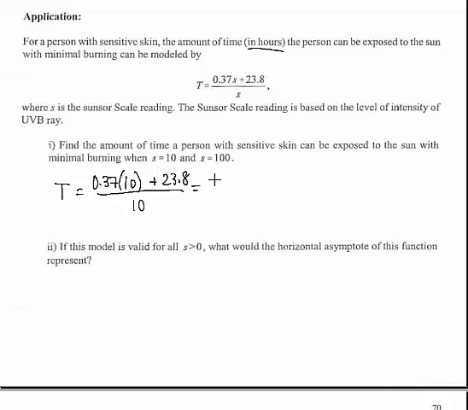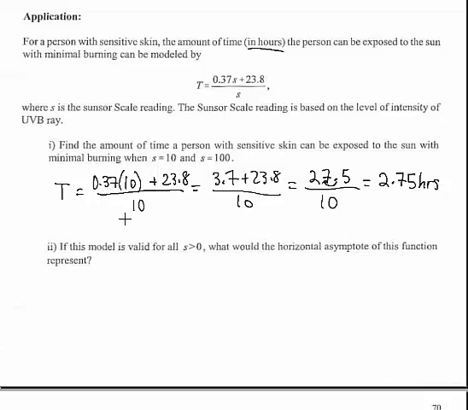So 10 times 0.37 is 3.7, plus 23.8, we get 27.5 over 10, and divided by 10 simply moves the decimal place to the left once, and I get 2.75 hours.